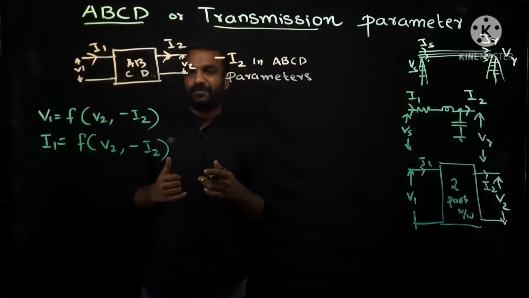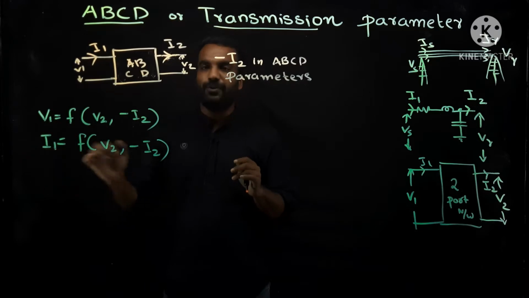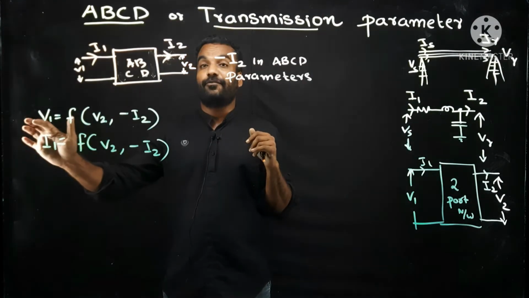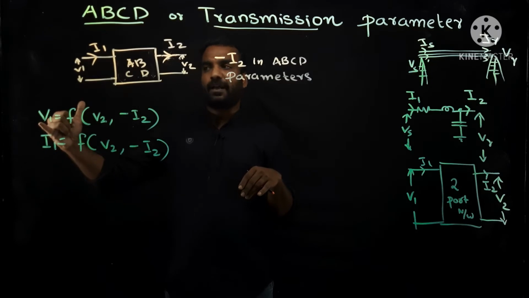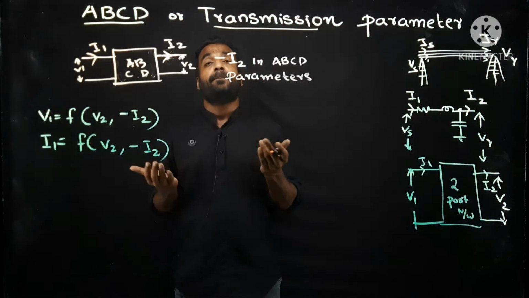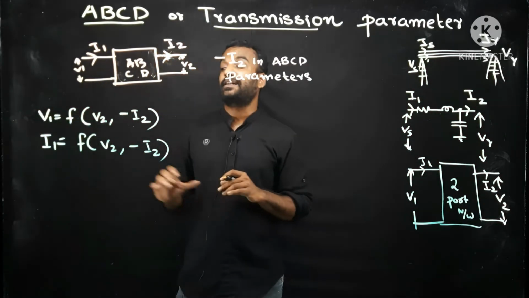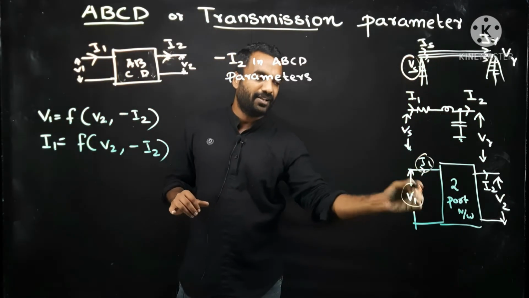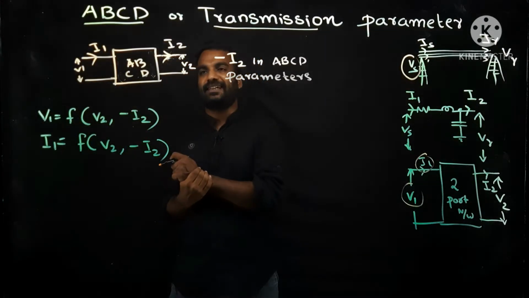Please check: in Z parameters, V1, V2; in Y parameters, I1, I2; in H parameters, V1, I2. All those are selected so that the first independent variable is from the first port and the second is from the second port. But in ABCD, it is not like that. Both independent parameters are from the transmitting end, from this tower, V1, I1. Both are taken from the sending side.